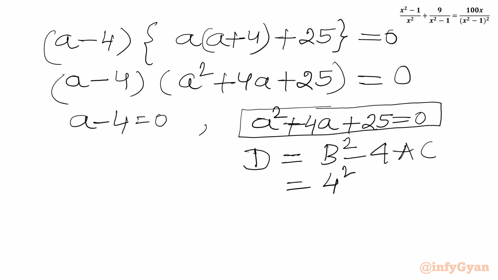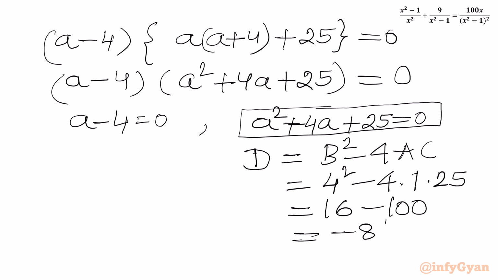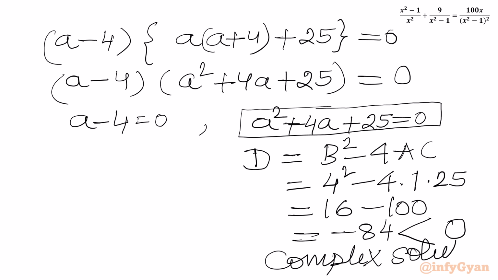So 4² − 4 times a, the coefficient of a², which is 1. C is the constant 25. We will get 16 − 100. This will come out as −84. The discriminant is negative. We will get complex solutions. So this quadratic will be rejected as we are looking for real solutions.